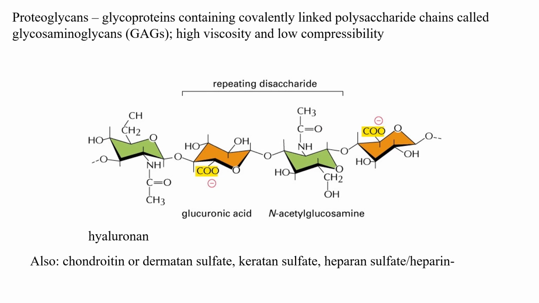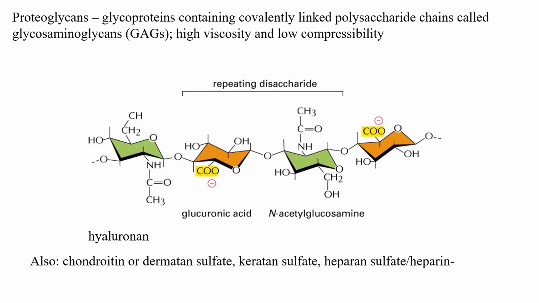The types are chondroitin sulfate, dermatan sulfate, keratan sulfate, heparan sulfate, heparin, and hyaluronan. So GAGs, or the glycosaminoglycans, are highly negatively charged molecules with extended conformation that imparts high viscosity to the solution.